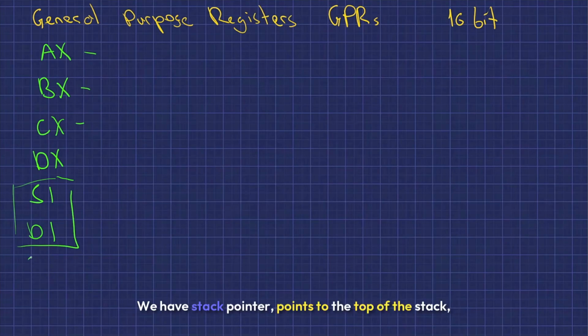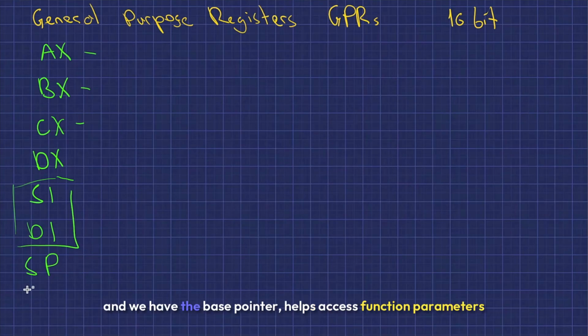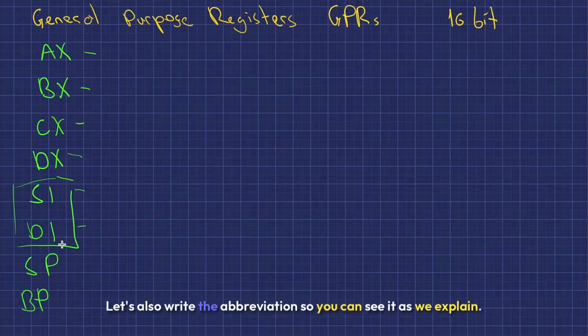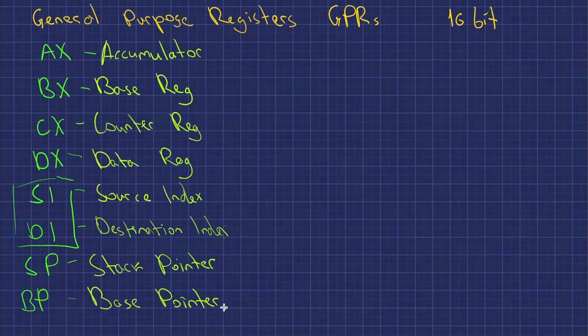We have the stack pointer, SP, which points to the top of the stack, and the base pointer, BP, which helps access function parameters and local variables within the stack.